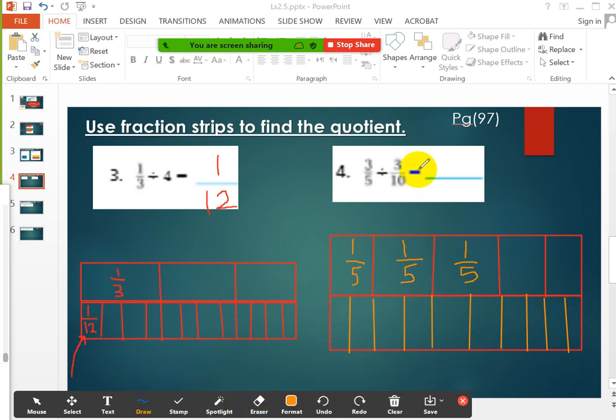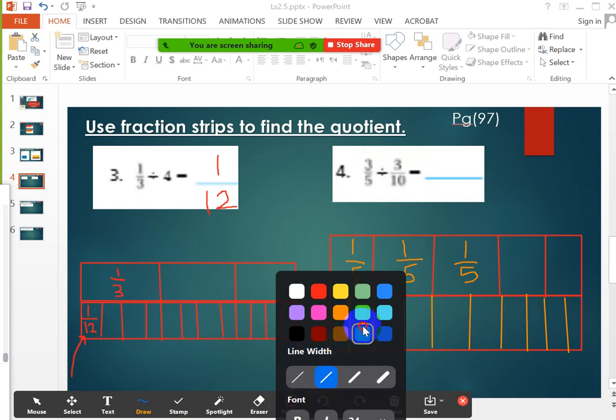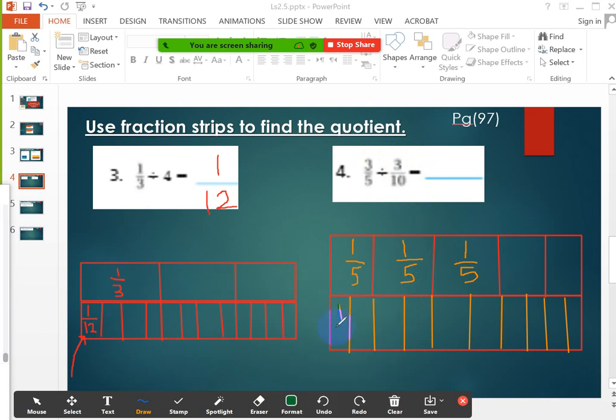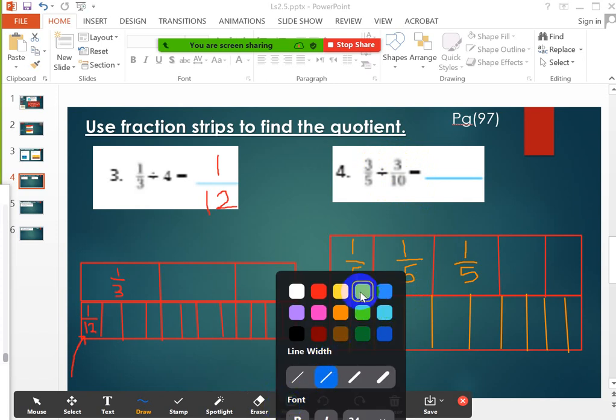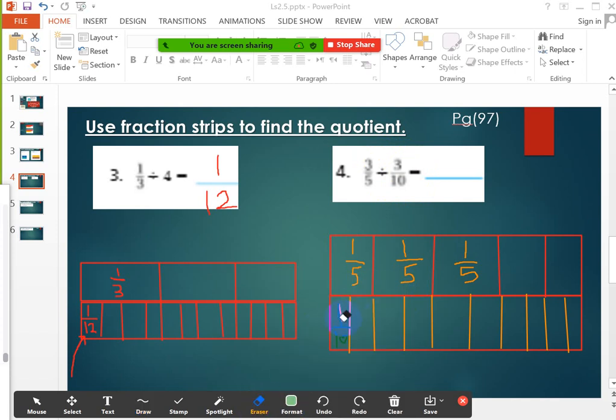Now I want to represent 3 over 10. So each one is what? 1 over 10 right here, right? Each one of those, Jana, is 1 over 10, right? Can you see the green color? Or I will change it for you. Maybe this one is better.